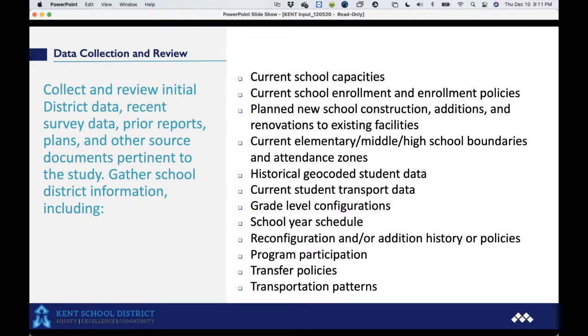For data collection, we collected and reviewed initial district data, recent survey data, prior reports, plans, and other source documents pertinent to the study.